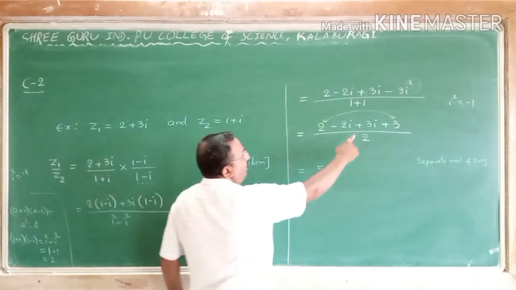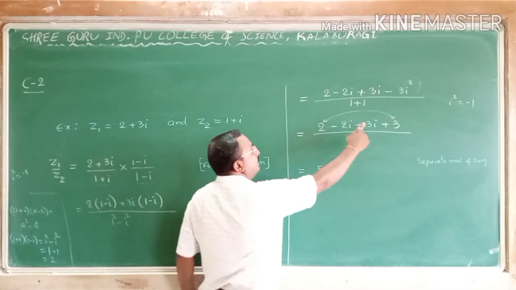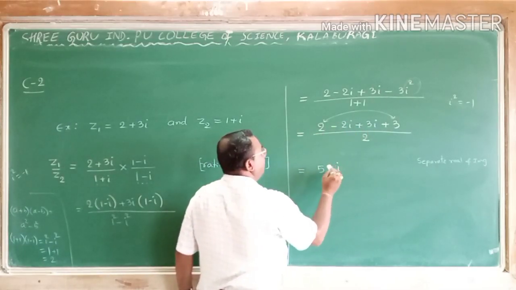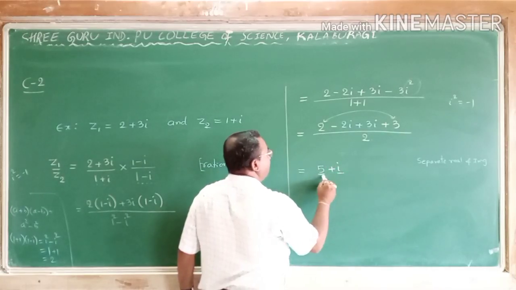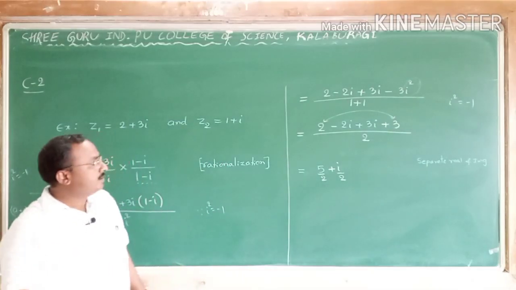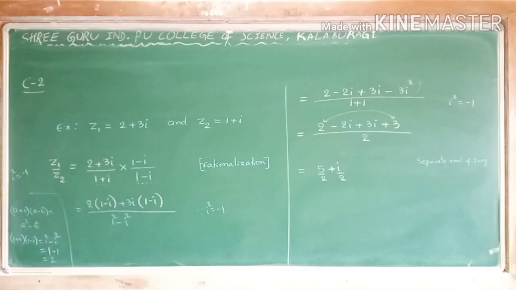Imaginary: total how many i's? 3 i's here, and minus 2 i's. 3i minus 2i, total 1 i. Divided by 2, right? Separate or equal. That is the example with division of complex numbers.